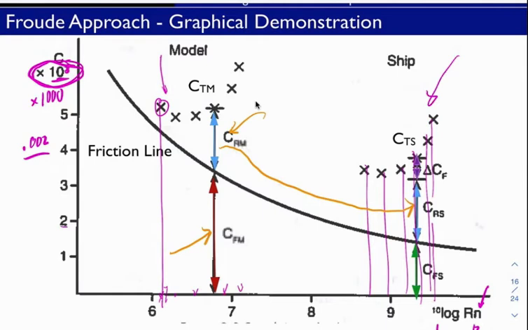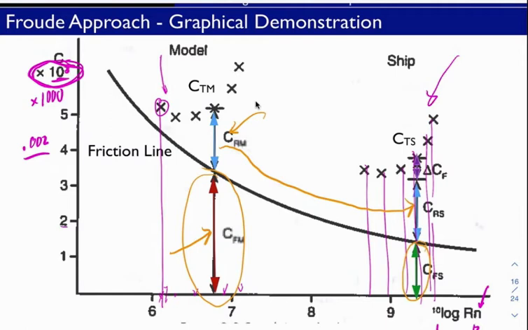But the frictional drag coefficient on the model, these are drag coefficients, they're not drags. At a lower Reynolds number, you get a higher frictional drag coefficient on that model compared to the frictional drag coefficient on the full scale at this higher Reynolds number.